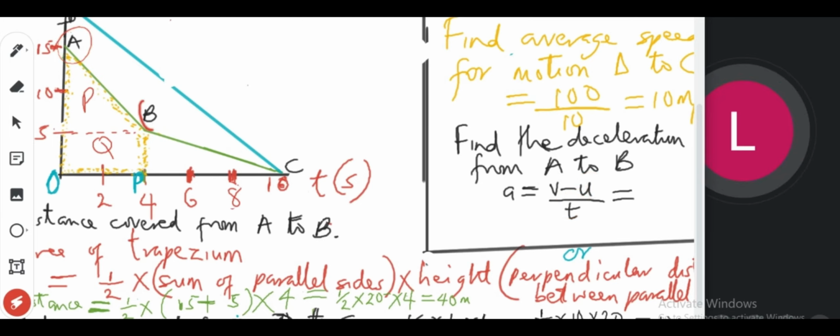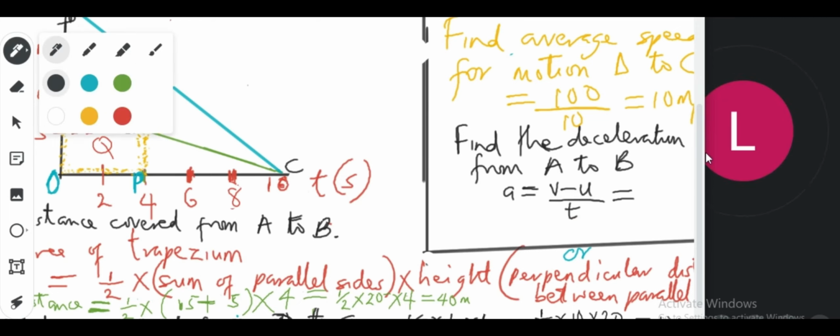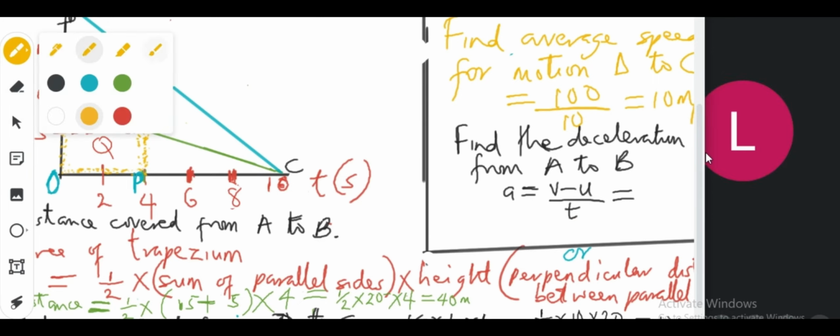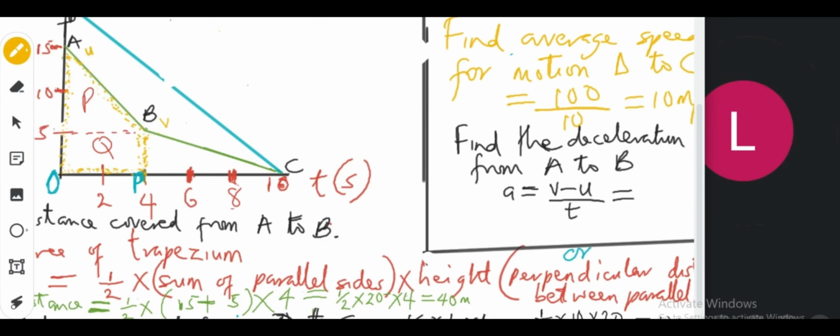So from A to B, the final velocity is at B, this one with small v. The initial velocity will be at A, this one with small u. Acceleration means final velocity minus initial velocity over time. So final velocity here is 5. We trace it to the velocity axis.